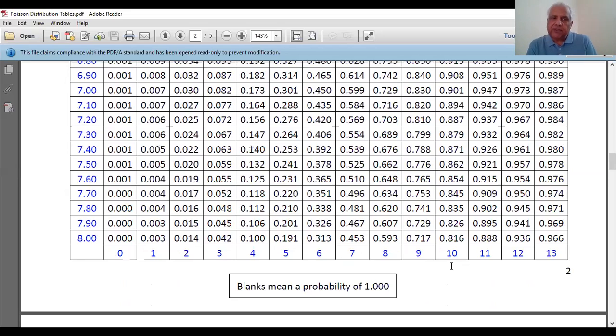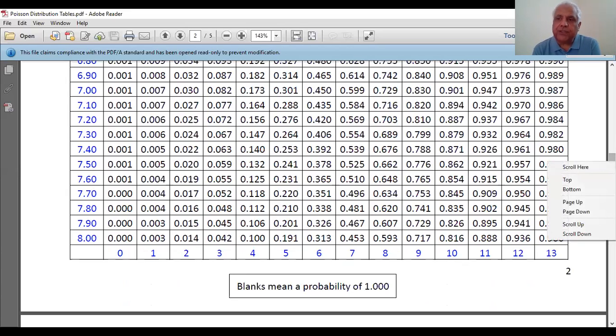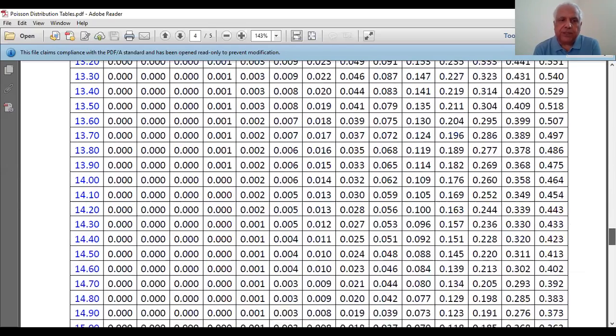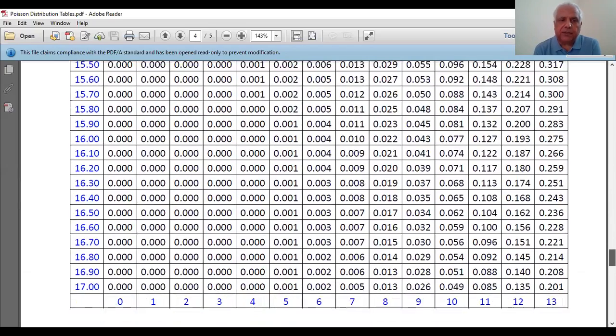So we'll maintain this column, go down and see what is in column 10 for lambda equal to 16. So lambda equal to 16 is here.